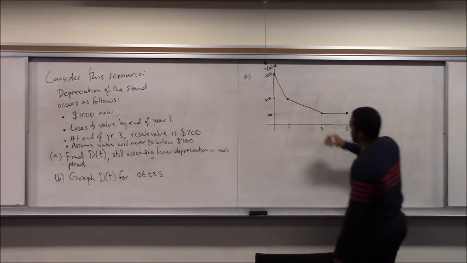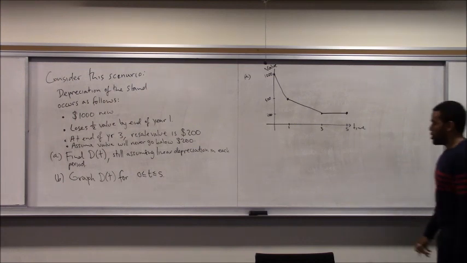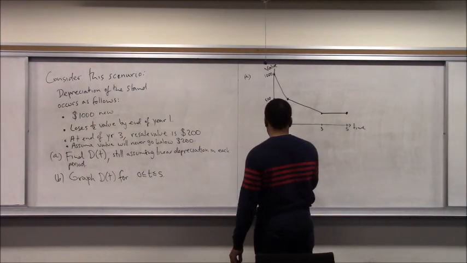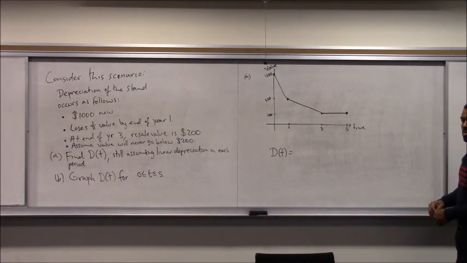These should all be straight lines. This has a little bit of bend in it. Those should all be straight lines. Now, how would you describe that? How would you describe such a function?